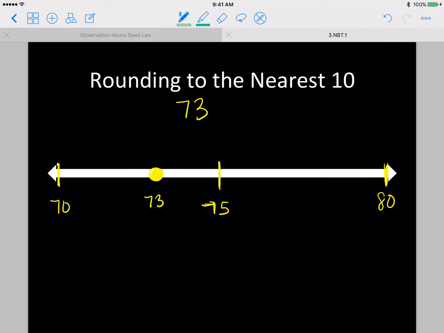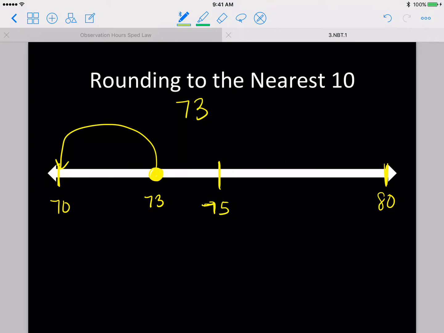Since it comes before the midpoint, we know that, because 75 and above rounds up, 73 is closer to 70. So 73 will round down to 70.